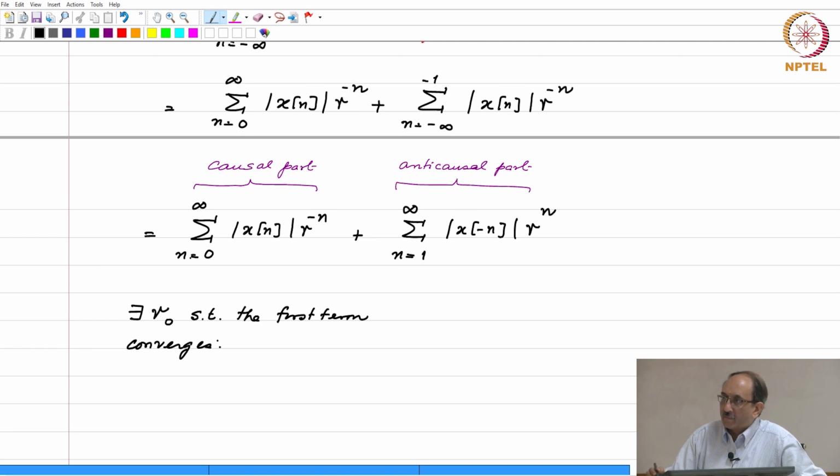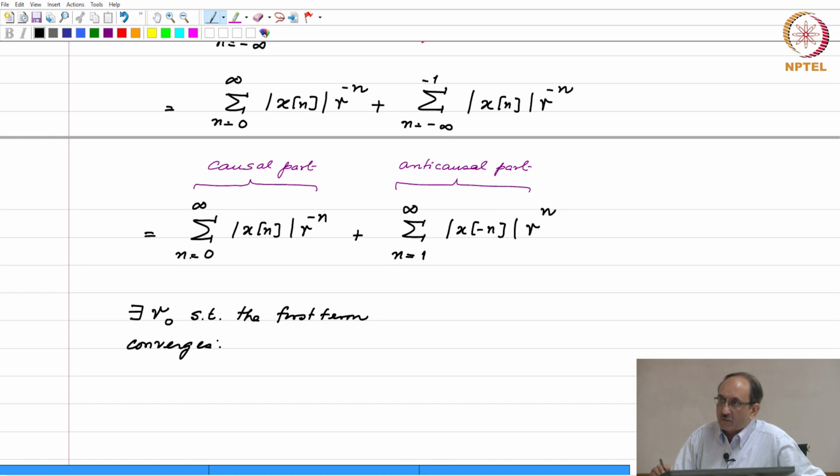Let us assume this. Then we want to ask the question, what about values of R that are greater than R naught? If you know that the first term converges for a certain R naught, what can you say about the convergence for all values of R that are greater than R naught?